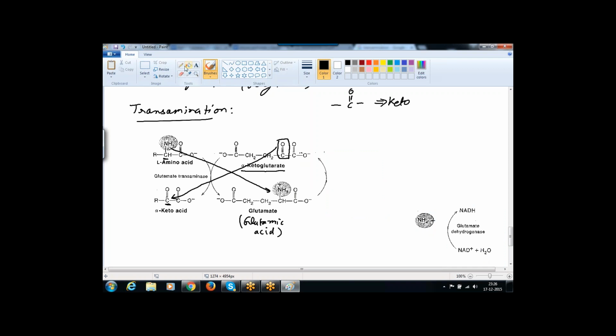So what happens is, every cell has pyruvate. It is the product of glycolysis. Pyruvate is a keto acid. We didn't study its structure because the structure of all intermediates is not needed. That will be too much. But just for your knowledge, it is a keto acid otherwise.